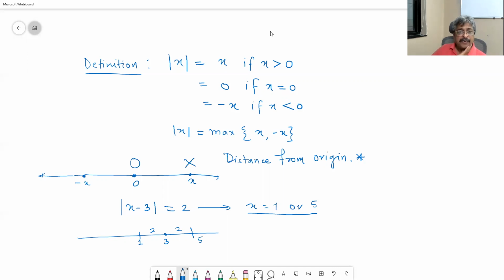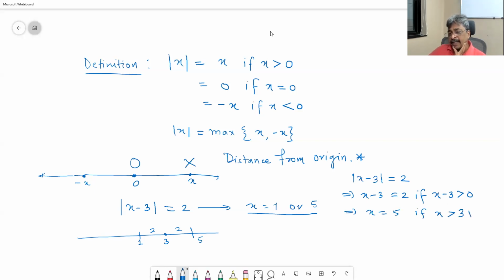However, if I want to apply this definition, mod x minus 3 is equal to 2 implies x minus 3 is equal to 2 if x minus 3 is greater than 0, implies x is equal to 5 if x is greater than 3, correct?